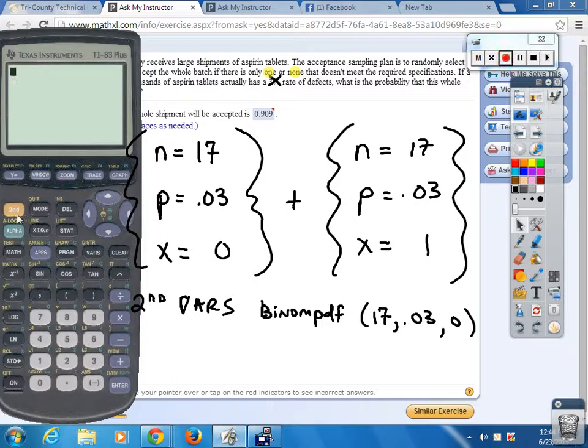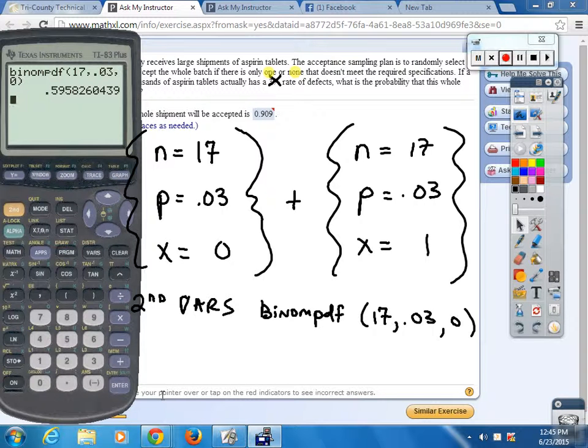Second, bars, 0. And then 17, comma, 0.03, comma, 0, close parentheses.